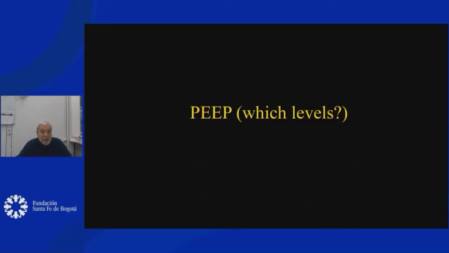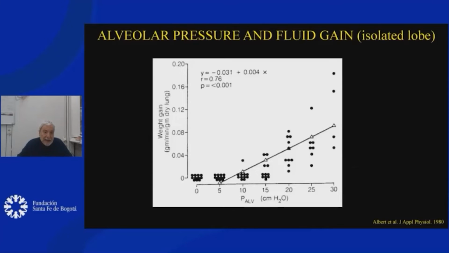PEEP. What about PEEP? Everybody knows that PEEP is important. And we know since a long time that if we increase PEEP, the weight of the lung increases. Look here, this is a very old study in the 80s. And you see the PEEP 0, 5, 10, 15.